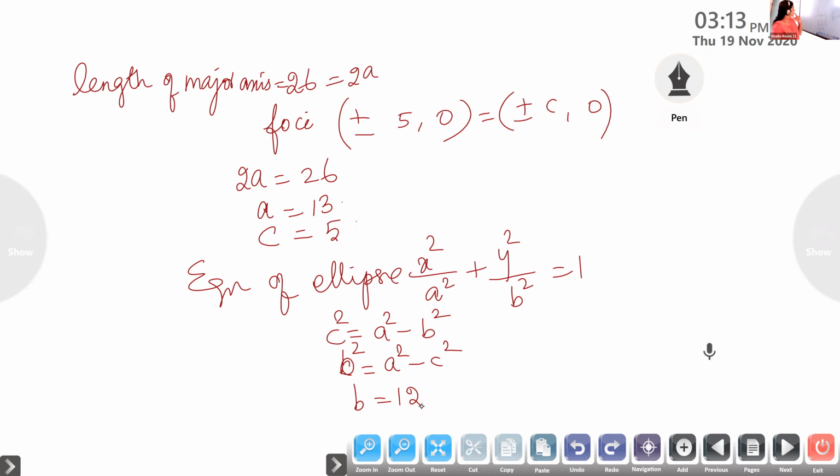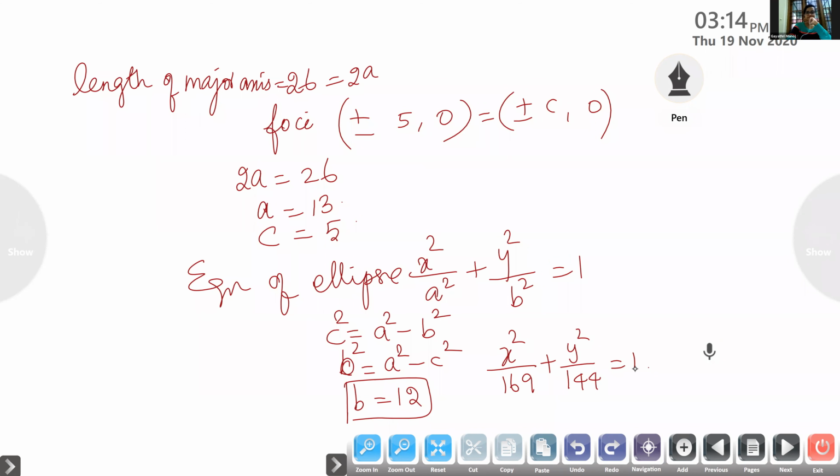So what is the equation, Aishwarya? What is the equation of the ellipse? x square by 169 plus y square by 144 is equal to 1. Are you getting this answer, Gayatri? Yes, ma'am.